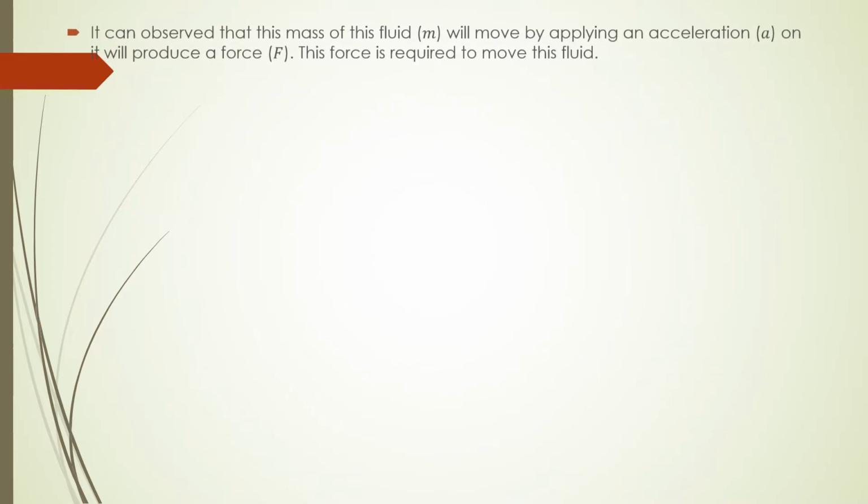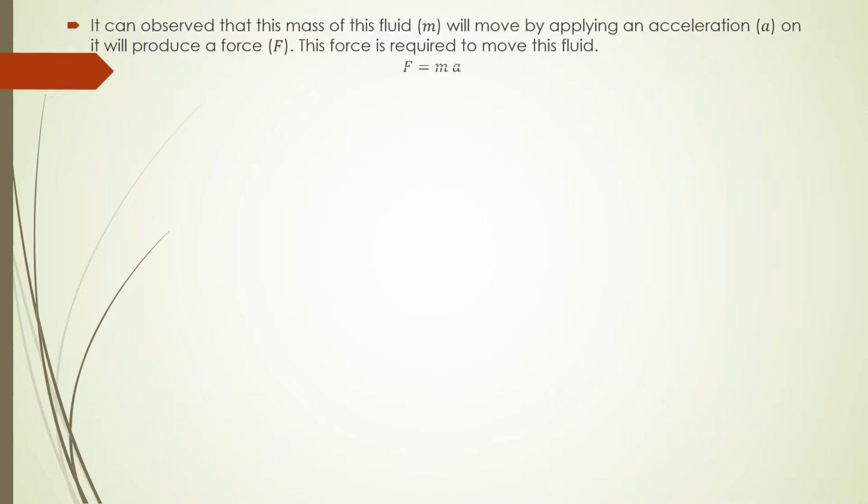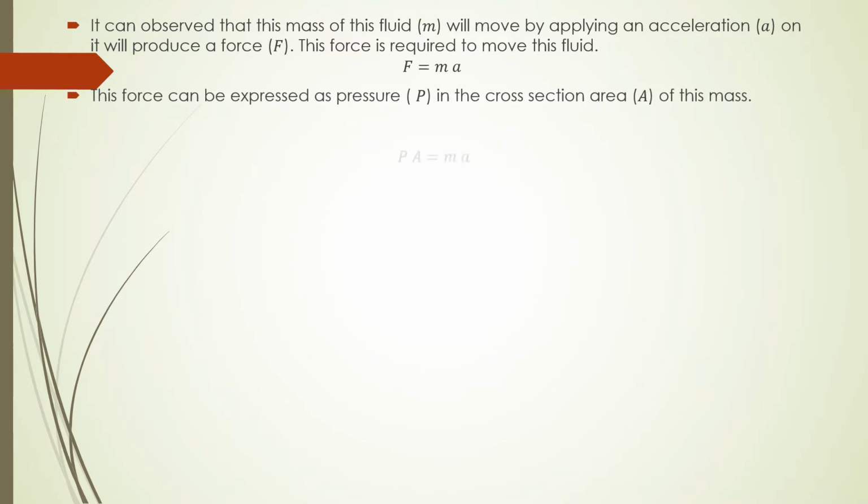Here you can see that the force equals the mass multiplied by the acceleration. If we want to express it as a pressure, we can say pressure multiplied by the area equals the mass multiplied by the acceleration. We already know from Instrumentation 1 that the pressure equals the force over the area, which is equal to the mass multiplied by the acceleration over the area.